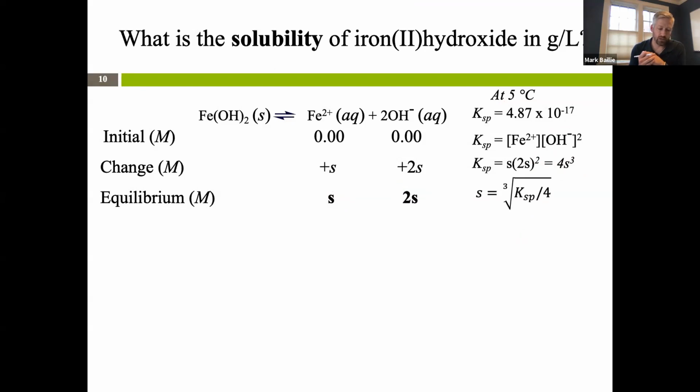So then once we have 4S cubed equals KSP, we divide KSP by 4, and then we take the cube root of that. How do you feel about doing cube root in your calculator? Comfortable with that? Know how to do that?